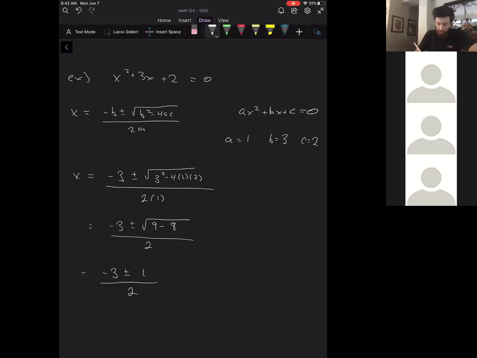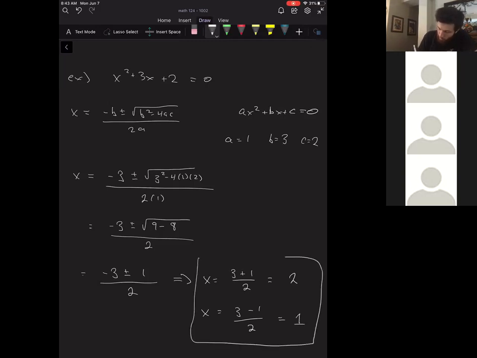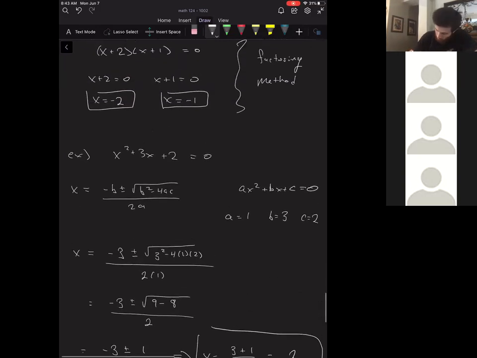What this plus minus sign means is we have two answers. So x is going to be equal to minus 3 plus 1 over 2, and then x is also going to be equal to minus 3 minus 1 over 2. So minus 3 plus 1 over 2 is going to be minus 2 over 2, which is minus 1, and minus 3 minus 1 over 2 is minus 4 over 2, which is minus 2. So we have these two answers, which is exactly what we got up here. Oh, sorry, did we make a mistake?